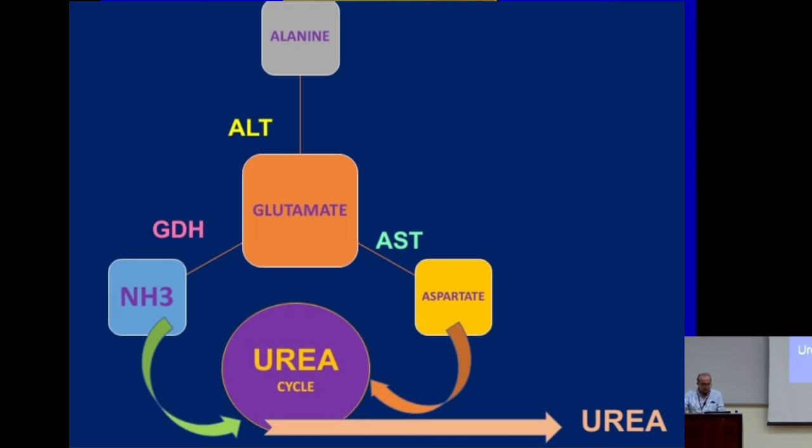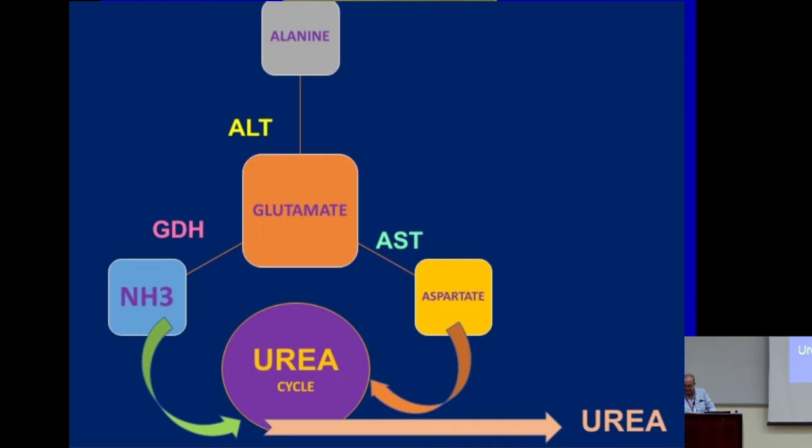Three important things. Transaminases are reversible. They require vitamin B6, pyridoxal phosphate. And the third important thing is that glutamate is the sink for many of the nitrogens coming from several amino acids, and alanine is an example through ALT.